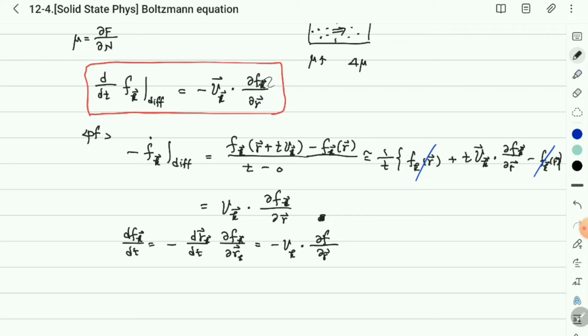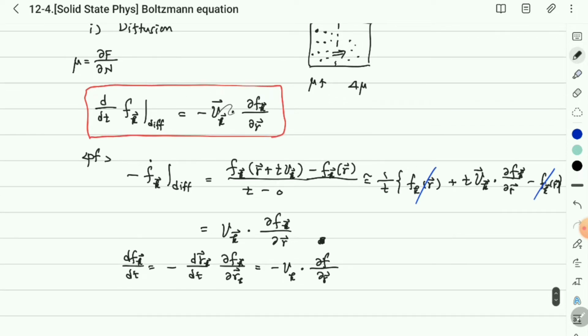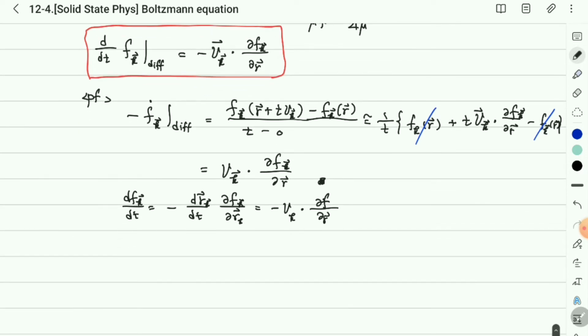Let me consider a high distribution function at some r, with a chemical potential difference like this, and then the direction of the velocity and this term is inverse. Anyway, the first driving force is diffusion, and the second one is the external magnetic or electric field.